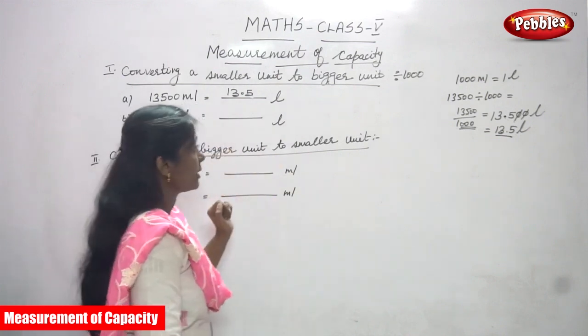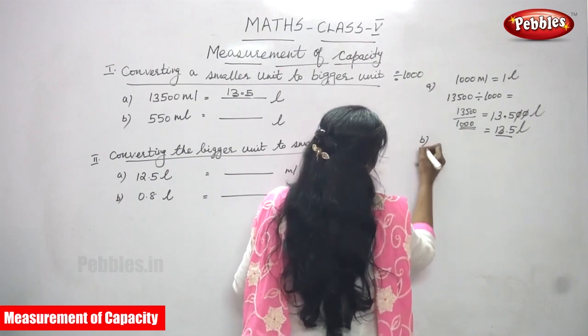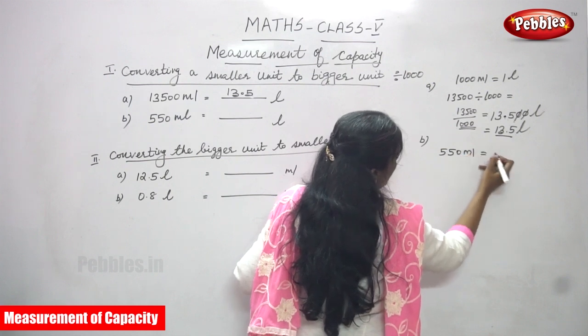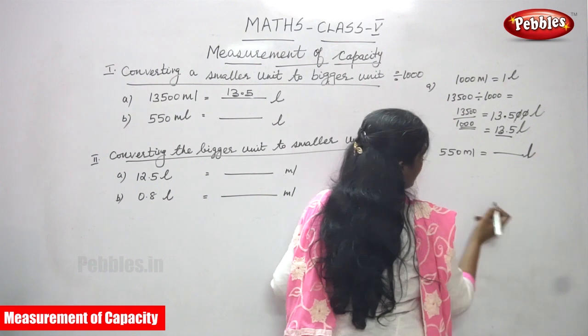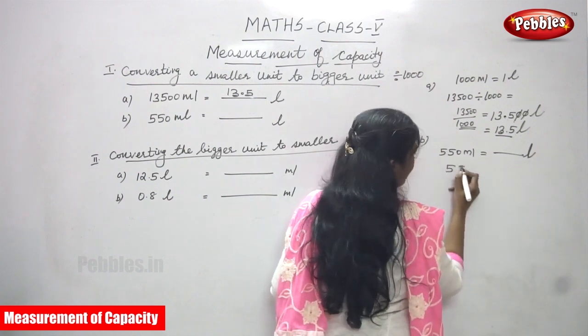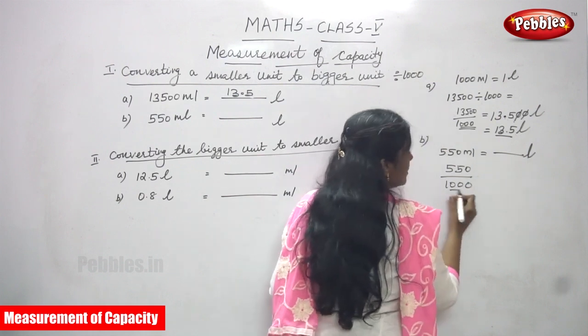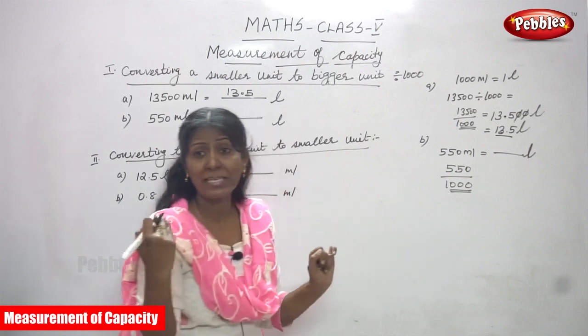Next, 550 ml, the second question. We have done the first sum, now we are going to do the second sum. 550 ml is equal to how many liters? That is L. So 550 divided by 1000. In 1000, 3 zeros, so you have to move 3 decimal places to the left side.